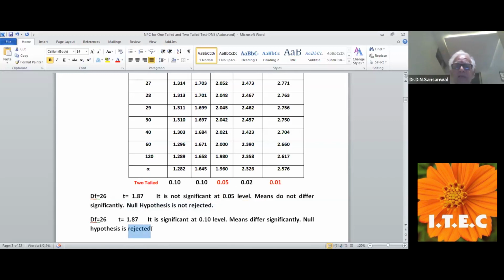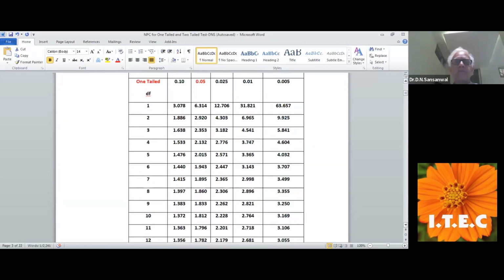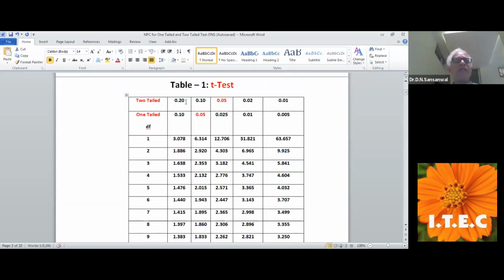So that means if you keep on moving on the left-hand side, your error keeps on increasing. You see, this is 20%, there may be 30%, 40%, 80%, 90%. You are moving on the left-hand side. So that means your value may be significant at 0.90. 0.90 means 90% error.